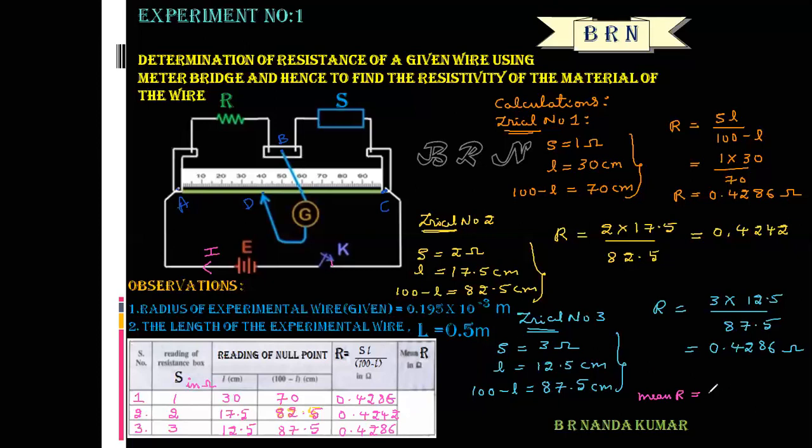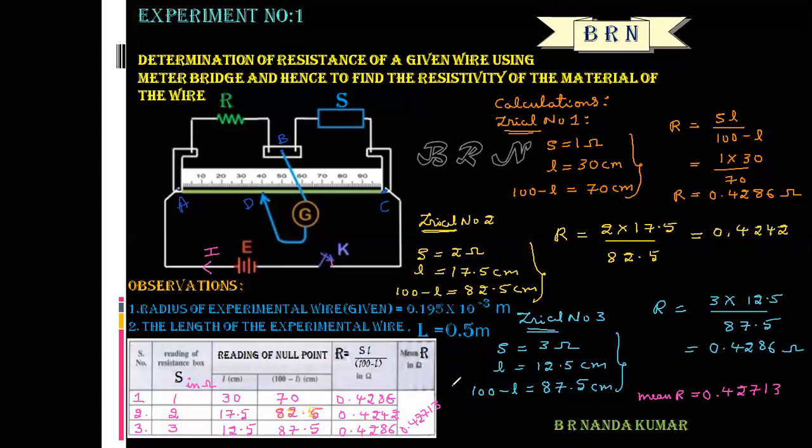So we will get 0.42713. So the mean value is 0.42713. Okay.